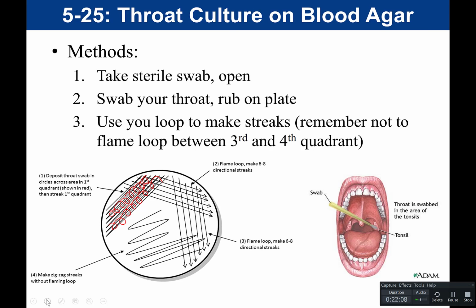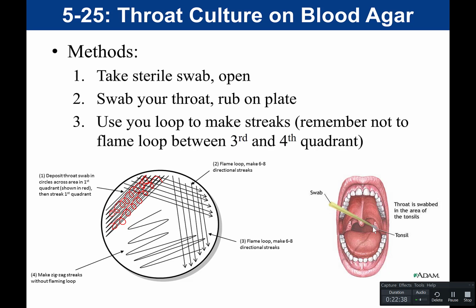So in terms of the throat culture, you don't have to memorize all the different types of plates that were shown as an example. Those were just to give you some example. But you do want to understand about blood hemolysis, the breakdown of red blood cells. And we'll talk about that in a minute. And so just a reminder for the throat cultures, you would have been swabbing the back part of your throat where your tonsils are.